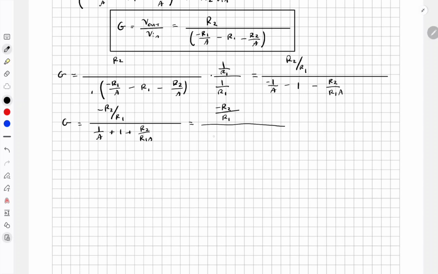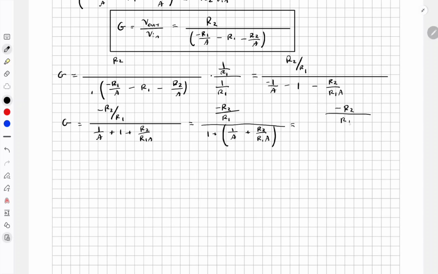We say this is 1 plus 1 over a plus r2 over r1a. Okay. So let's just group this so that we can say it is equal to negative r1 over r1 divided by 1 plus something.